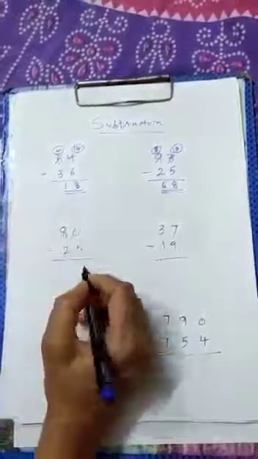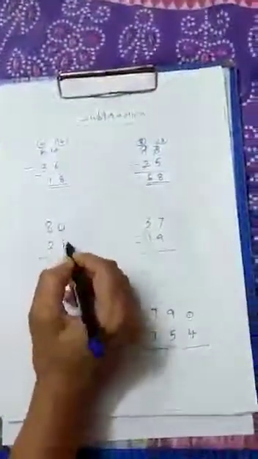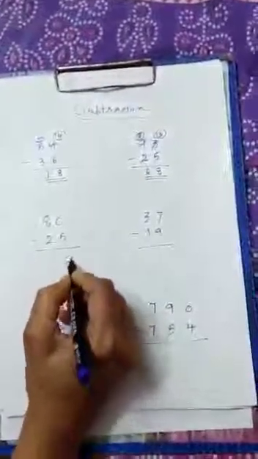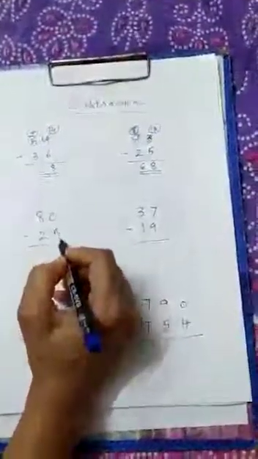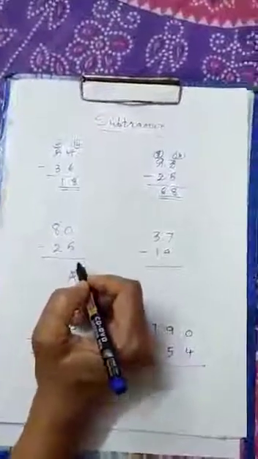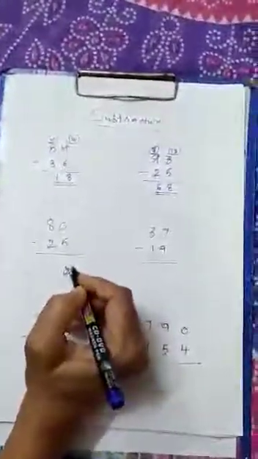Next example, 80 minus 25. So 0 minus 5, answer will be 0. No, that is wrong, because 0 minus 5 we can't do, as I gave you an example in the class, that if I don't have any pencil, can I give to anybody?